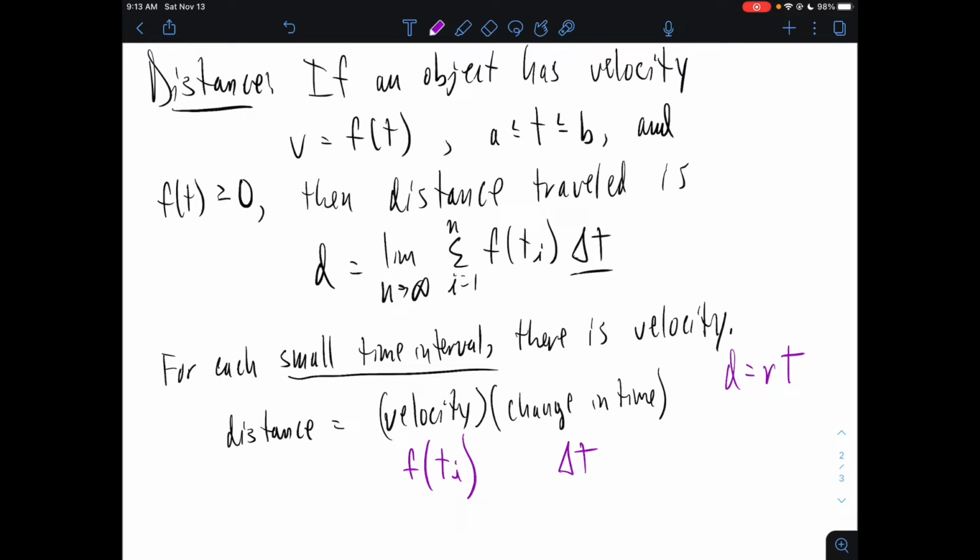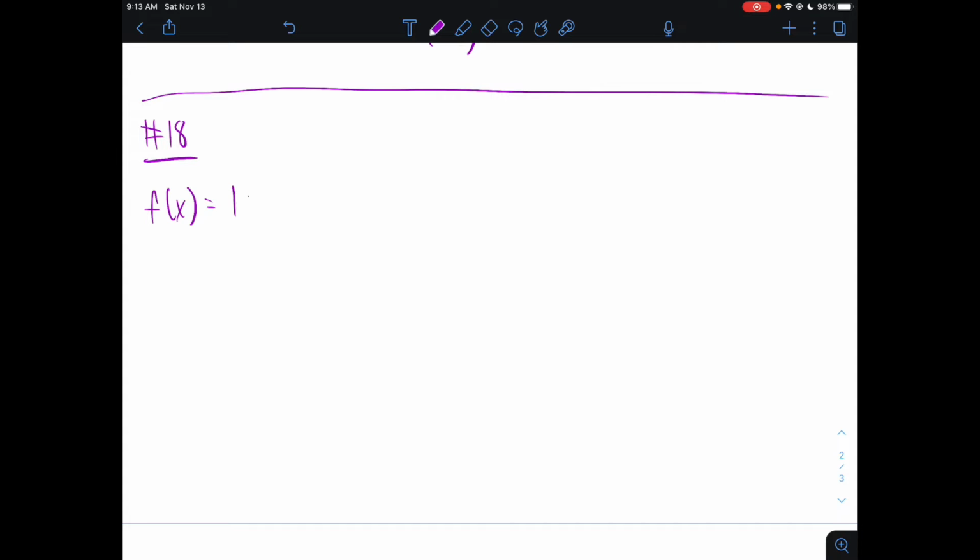So let's take a look at a couple of examples. First, to practice what we were doing with the endpoints, let's look at number 18. And here we're given a function, f of x equal 1 plus x squared. And we want to find the area underneath that curve in the interval -1 to 1.